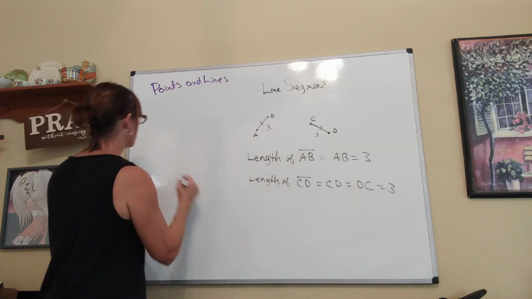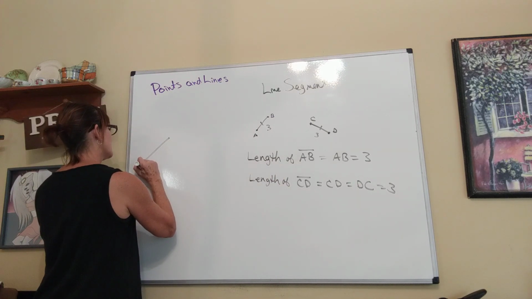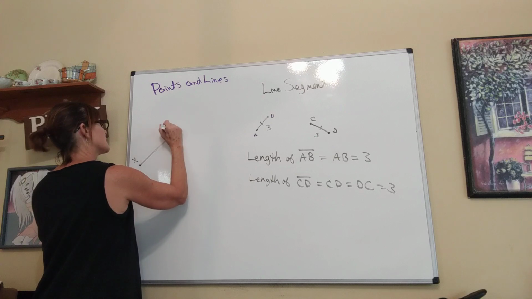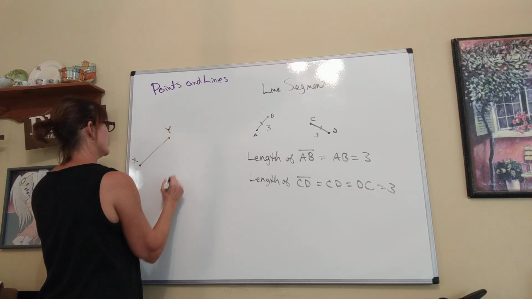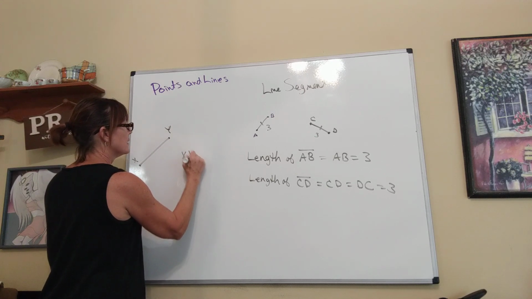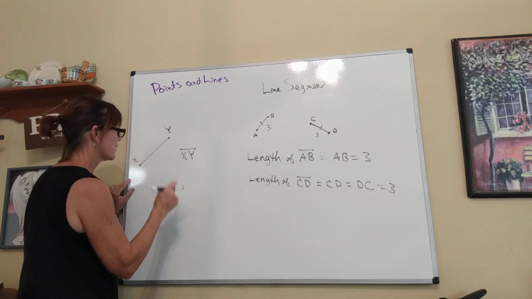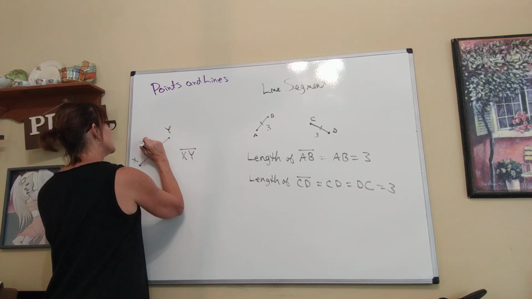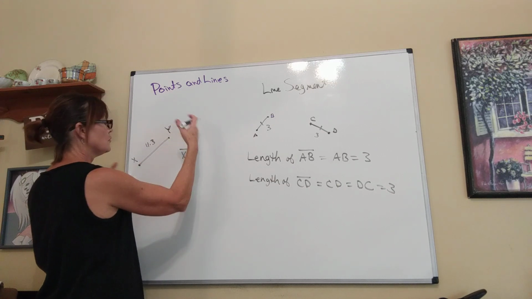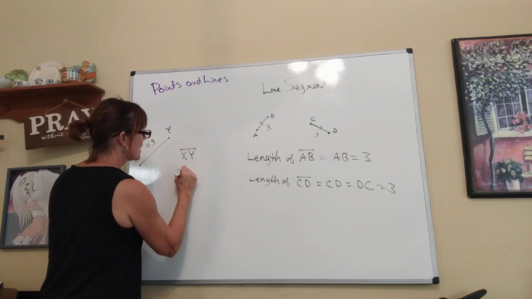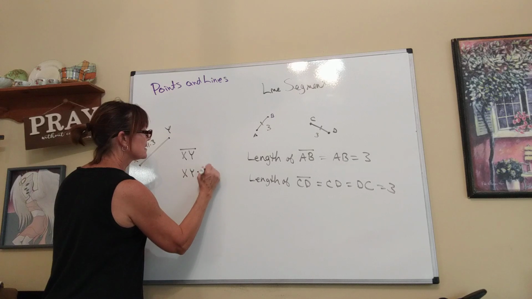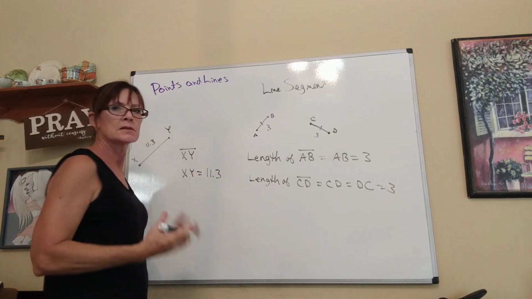Very similarly, I could say here is some line segment XY. That means the line segment XY has endpoints X and Y. Let's say that it is 11.3 units long. Then we would say the length of this is 11.3 units.